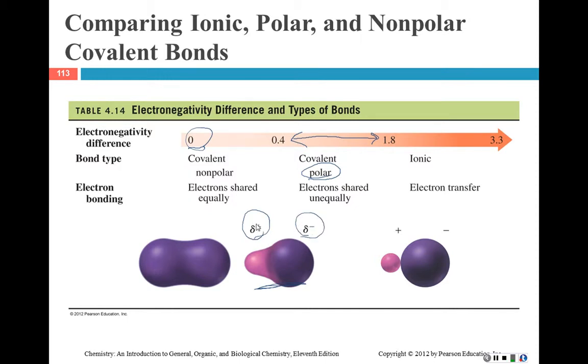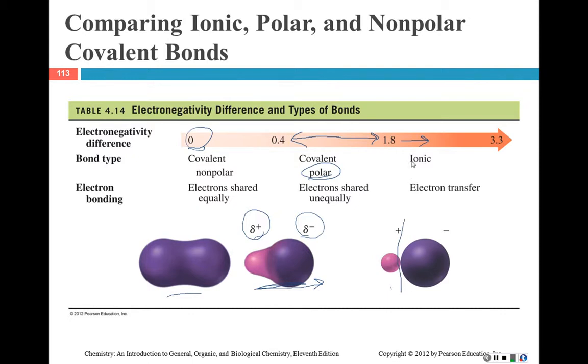This little delta sign means partial positive charge, partial negative charge, and that's because it's not a complete separation of those electrons. So a non-polar covalent bond is equally shared, a polar covalent bond can be unequally shared, and if you get above 1.8, you're going to get complete transfer.